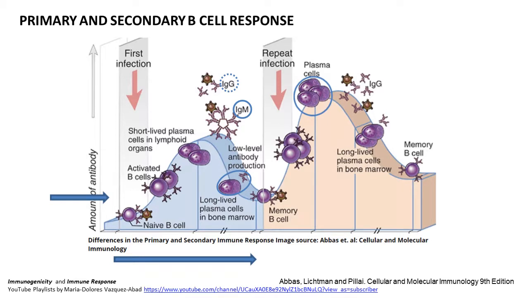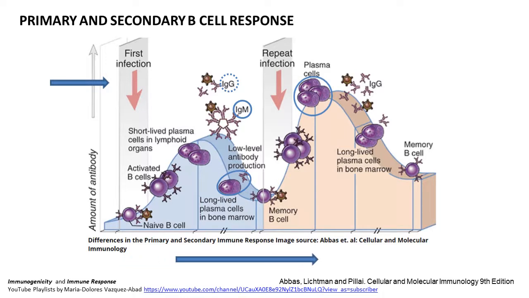So there are two important things in the secondary response reaction. Number one, titers. The titer booster is a significant increase, anywhere between 3 and 10-fold higher than what is seen in the primary response.